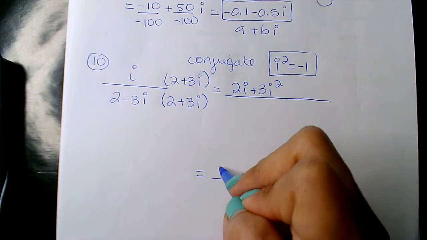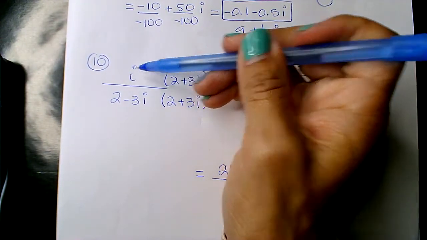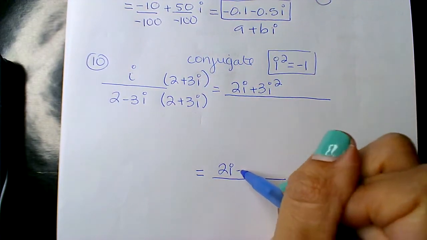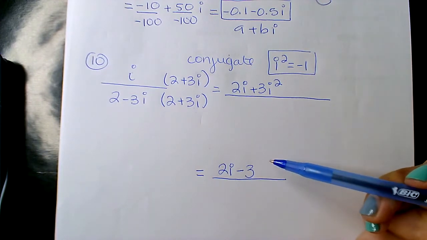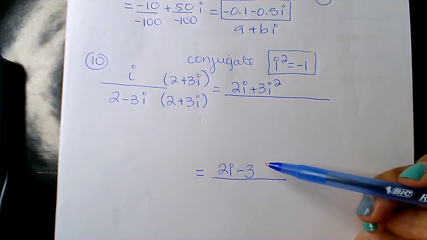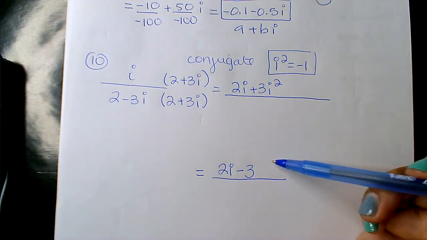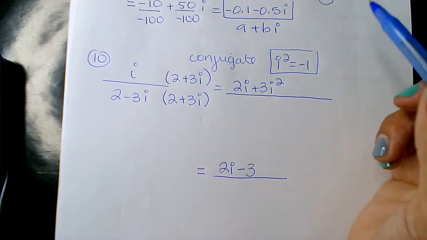If I see 2i, and then I see i times 3i squared, I see an i squared. So I'm just going to write a -3 because I already realized I can start switching the signs. Once you start picking up on that pattern, you're welcome to do that. If not, you're looking up top.